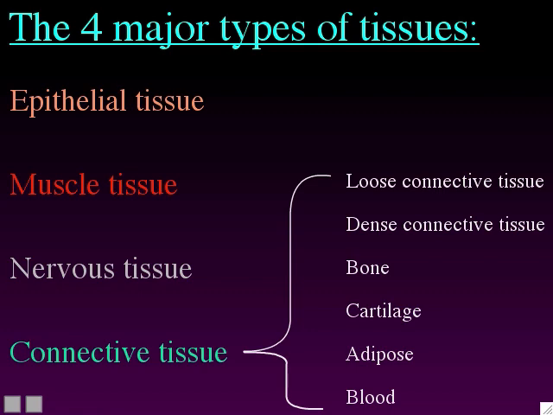Now, if you look at these tissues listed here, they seem pretty diverse from each other, right? For instance, bone is a hard, almost rock-like tissue, whereas blood, that's a flowing, liquidy tissue, right? So you may wonder, well, why are these tissues that are so different from each other all lumped together into this connective tissue category? Well, tissues are defined as connective tissues not because they are solids or liquids.